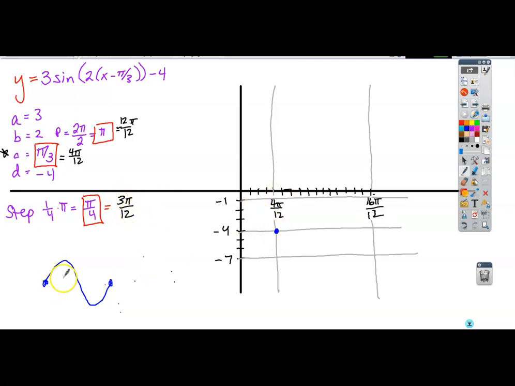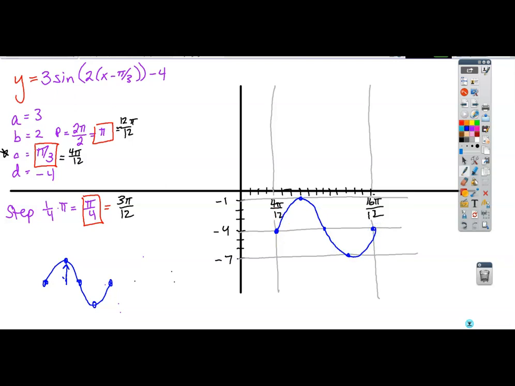So when I go 3 of my little units, I should be right here at the top of my wave. So 1, 2, 3, I'd be at the top of my wave. Go your next step, 1, 2, 3, you're back down at equilibrium. 1, 2, 3, you're at the bottom. 1, 2, 3, you're back up at equilibrium. I'm graphing these 5 critical points. Once I have them graphed, I can connect them.